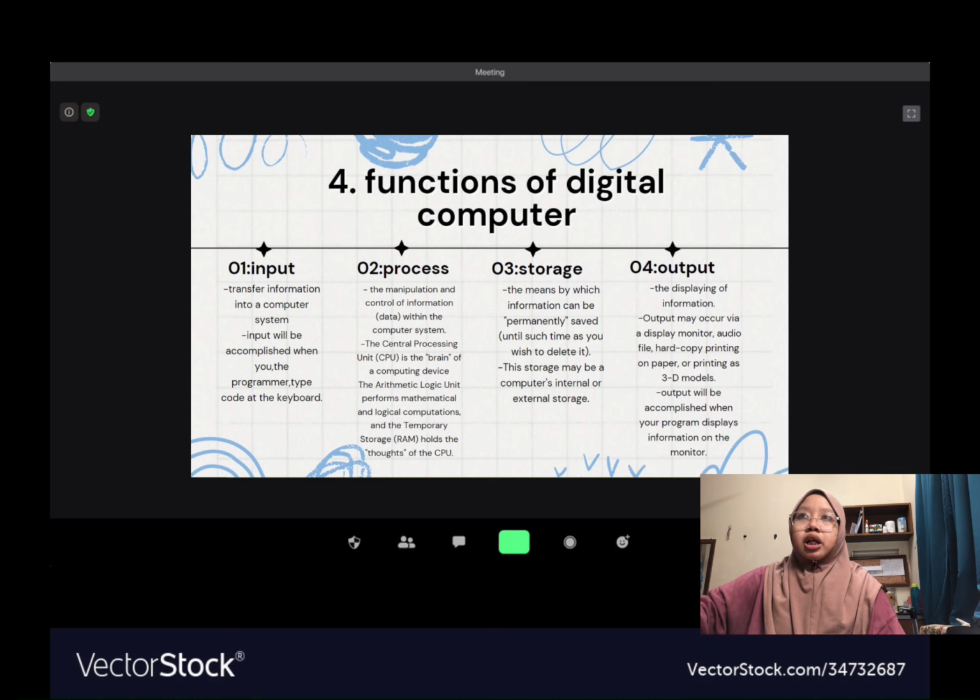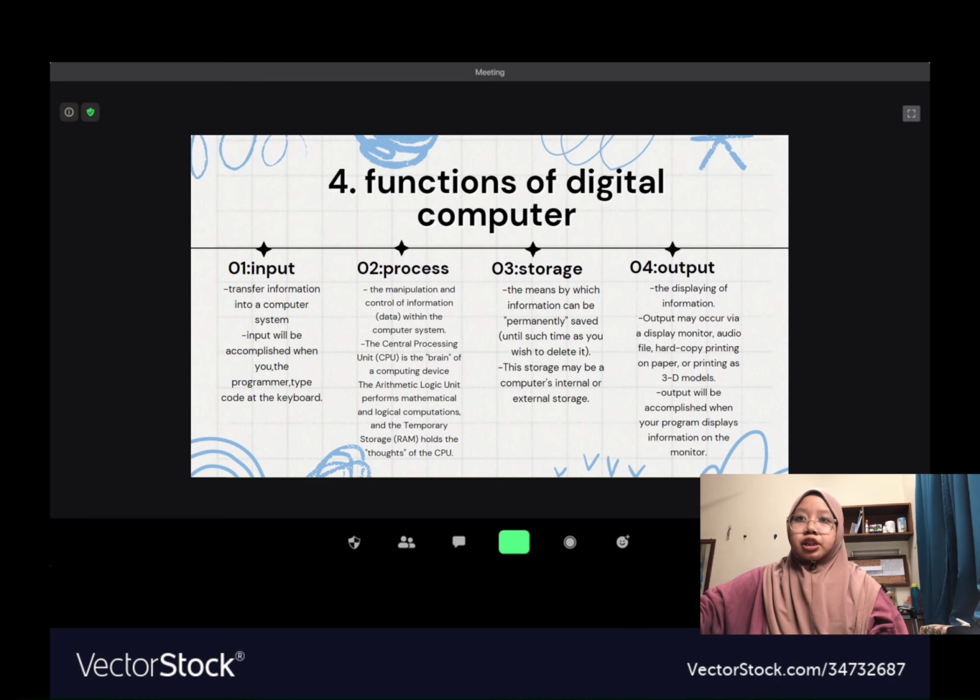The CPU is the brain of a computing device, with the arithmetic logic unit and logical computation, and the temporary storage, RAM.